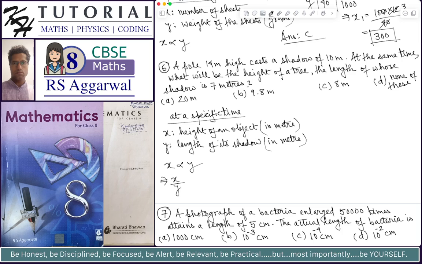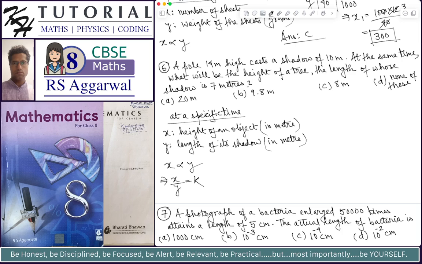So the ratio is a constant, and this constant will be different for different times. Let's say at 10 o'clock in the morning, if you calculate the ratio of the height of any object and the length of its shadow, this ratio will be the same for any object at that specific time.